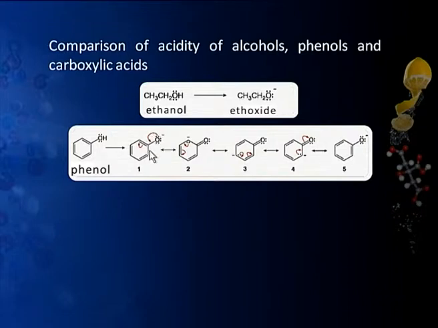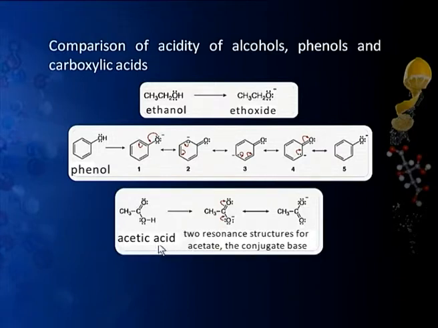This pair of electrons moves here and this pi bond moves to this position, and we get different resonating structures. So, the negative charge on the oxygen in the anion obtained from phenol is stabilized due to this resonance or distribution of negative charge over the ring.